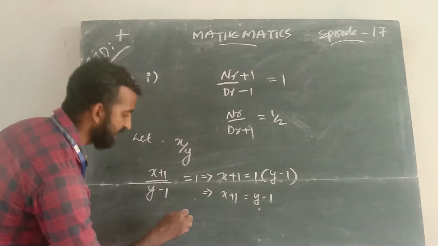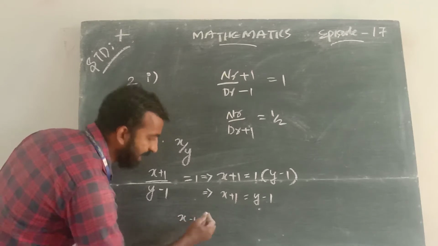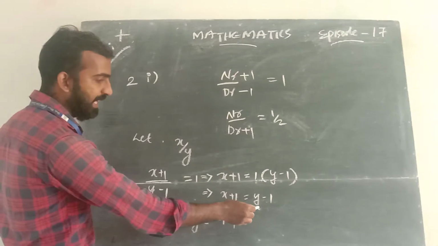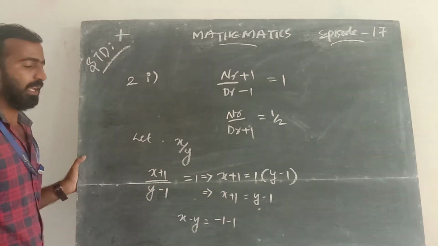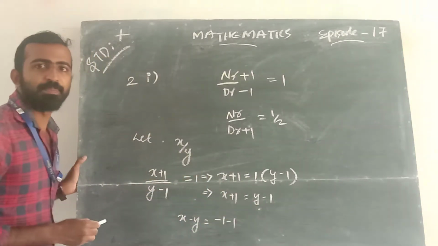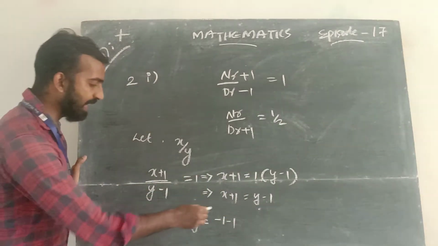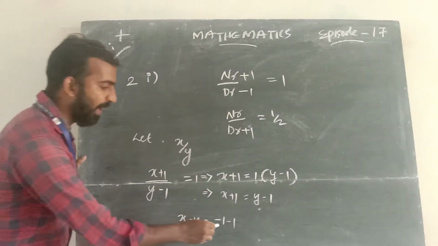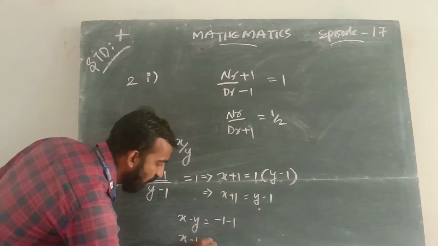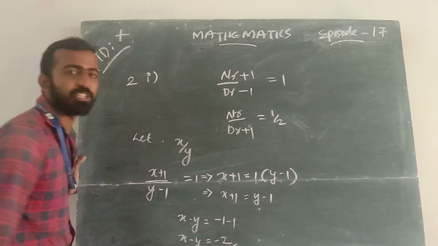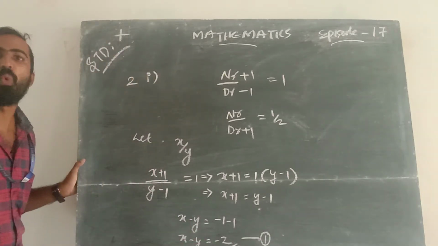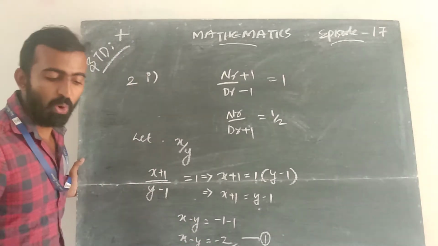Y comes to the left side and 1 goes to the right side, so we can write x minus y equal to minus 1 minus 1, that is x minus y equal to minus 2. This is our equation number 1.